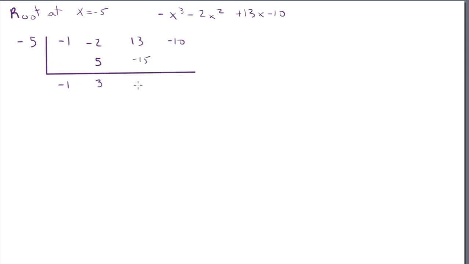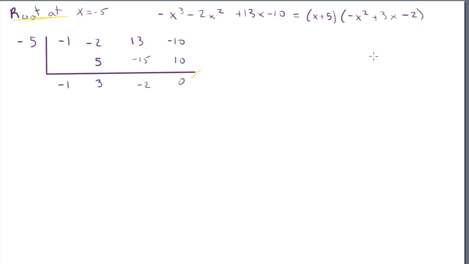This becomes a -2, a +10, and 0. Great. That's exactly what we wanted to see. We need this to divide out because it does have a root there. And so this is equal to x plus 5 times -x squared plus 3x minus 2.